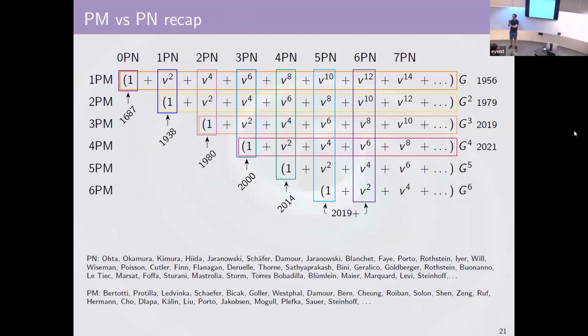Very quick to recap then. As I was saying, post-Newtonian and post-Minkowskian do have a lot of crosstalk. There are problems eventually with mapping between the two. But just to get some names up on the board for people that have done various things. We get Newton all the way here, Einstein and friends here, and then progressing down to the late 2010s, early 2020s from Ricardo and from the DESY crew, and then the order G stuff going along there.